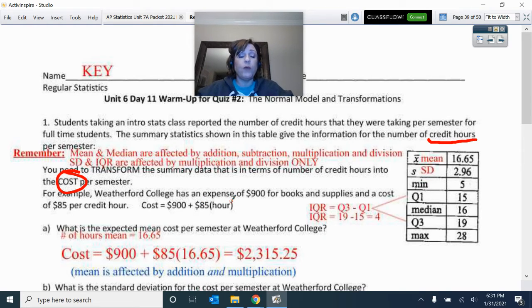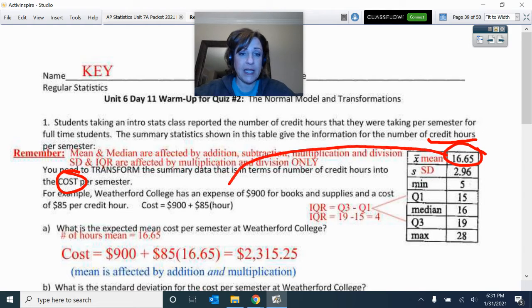So then when we transform this, what's the expected mean? So we're going to come over here and we're going to take our mean and we're going to plug it into the formula. And we can see that since mean is affected by the addition and the multiplication, then we did the 900 plus 85 per hour.